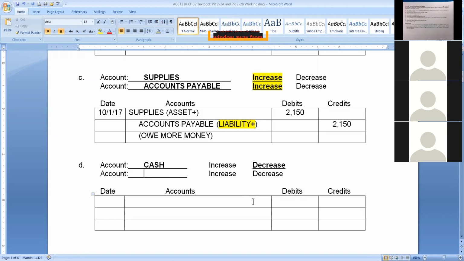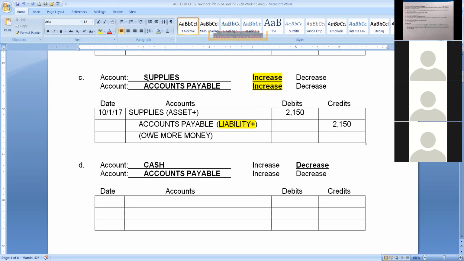And accounts payable. Again, the liabilities are tricky. The accounts payable, is it going up or down? Do we owe more or less money? More. Actually, we owe less. We're paying off those accounts.